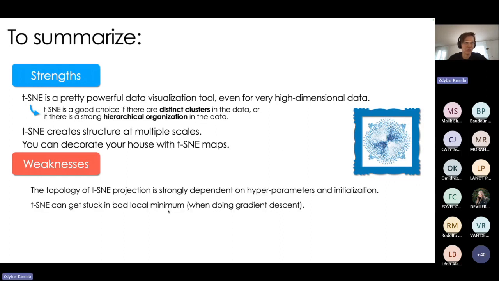Now, t-SNE can get stuck in a bad local minimum. Under the hood, it's using that cost function that has this attraction and repulsion. And this is being performed with gradient descent to minimize that cost function. And that is always prone to be stuck in a bad local minimum.